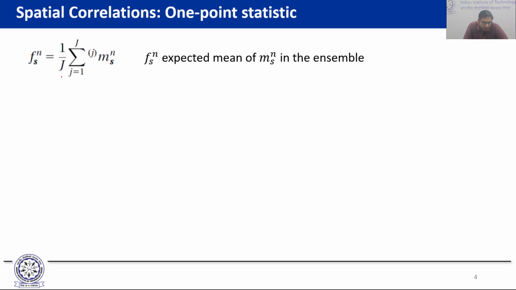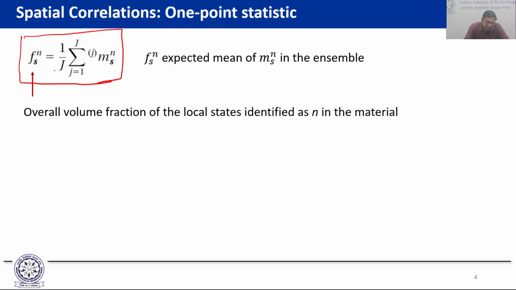That gives me an average value of this microstructure function for any given N and S. So when I am using an expression like this, I am literally calculating the mean of M and S in the ensemble of microstructures that I have collected.